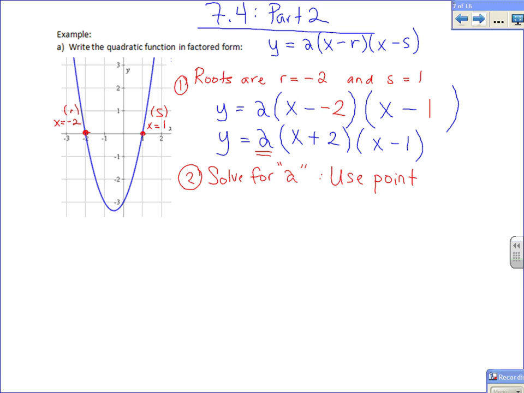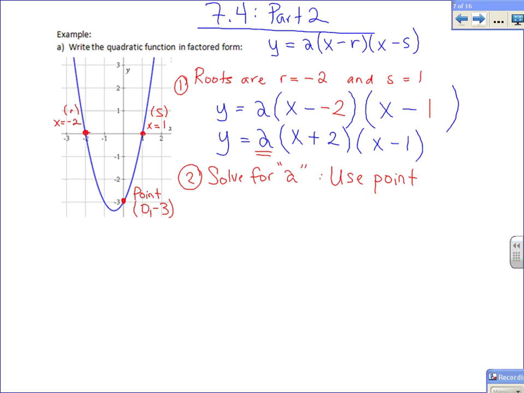The y-intercept is one of the easiest points for us to use. It's the point where the parabola crosses the y-axis. This point right here has coordinates x equals 0 and y equals -3. This is the point 0, -3. This is going to be the point that I use.